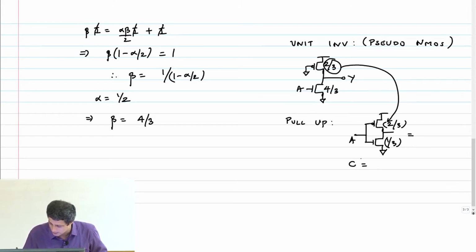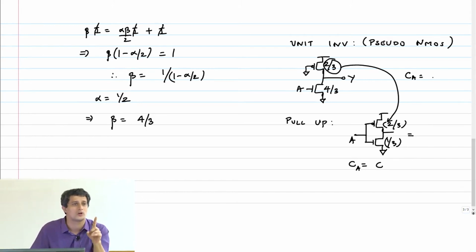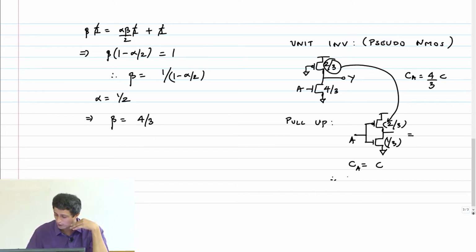This is input A. CA is equal to how much? C. What about here? CA equals... input is connected only to the NMOS transistor. So 4/3 C. Therefore, logical effort pull up is equal to how much? 4/3.